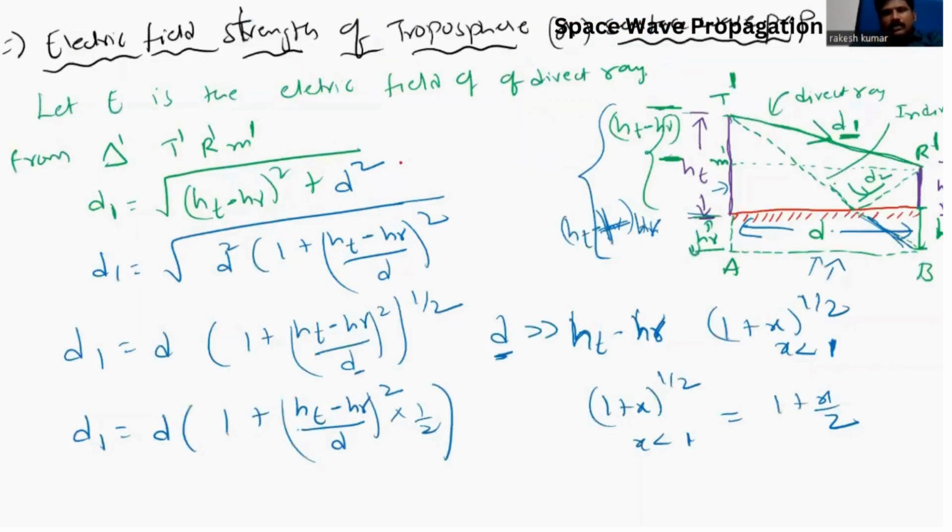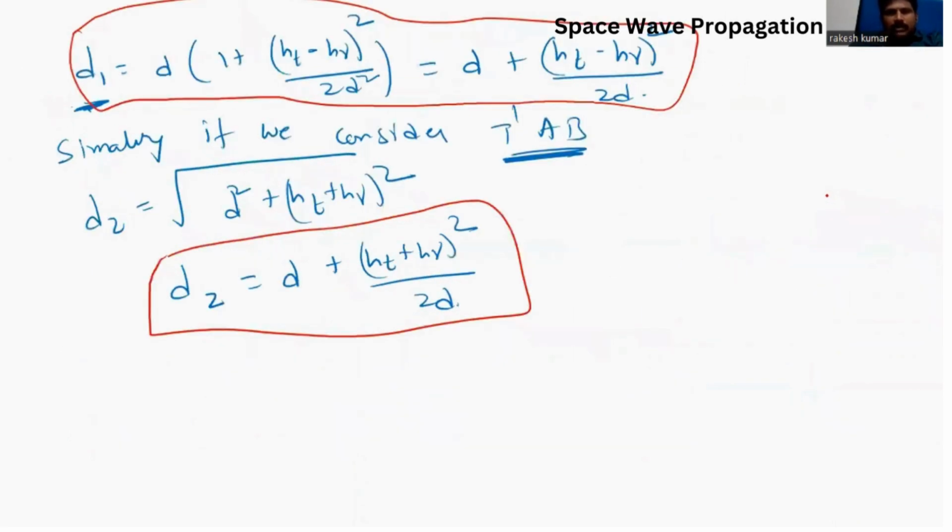So what is the total path difference? D1 signal will reach the receiver first when compared to D2. D2 has to travel a little bit more distance, so there will be path difference. The path difference is equal to D2 minus D1.